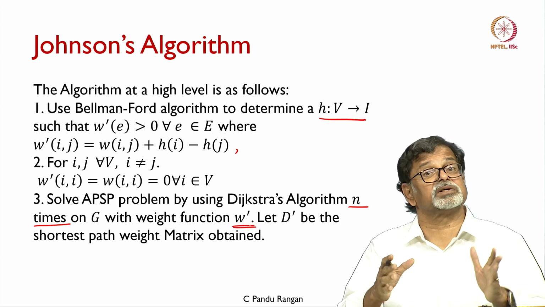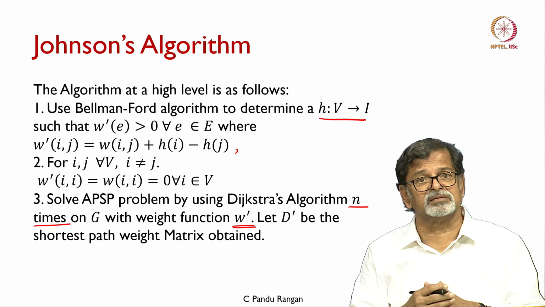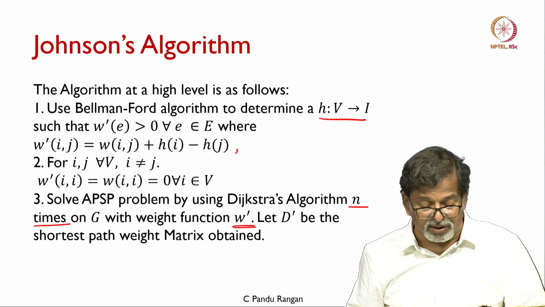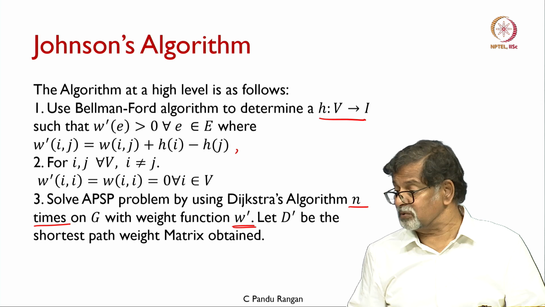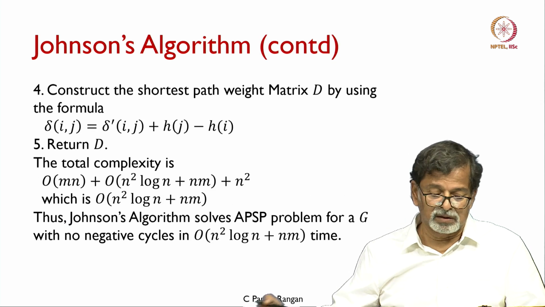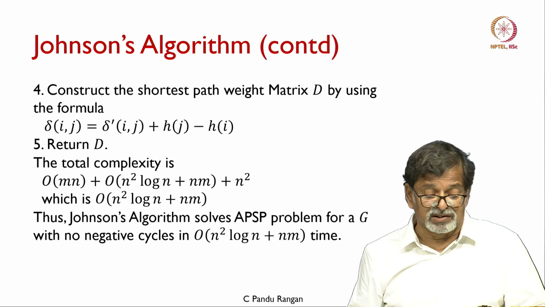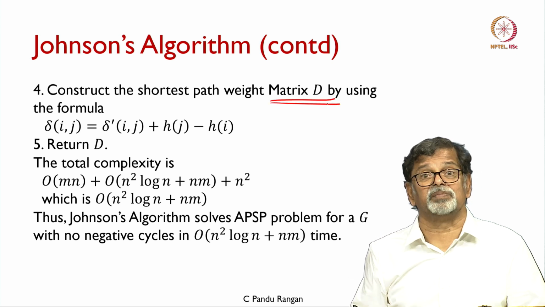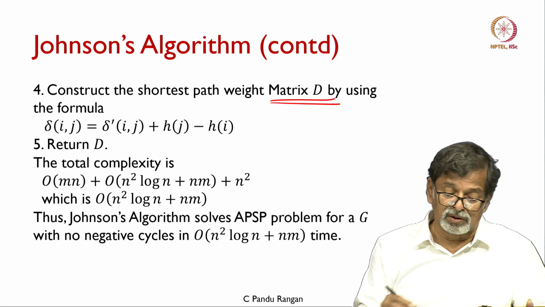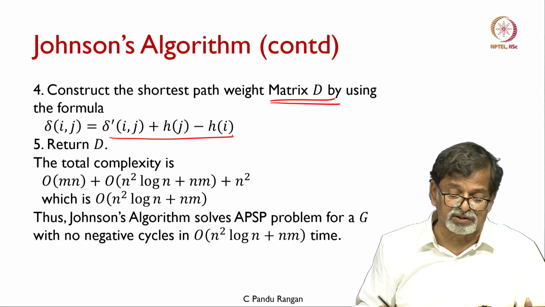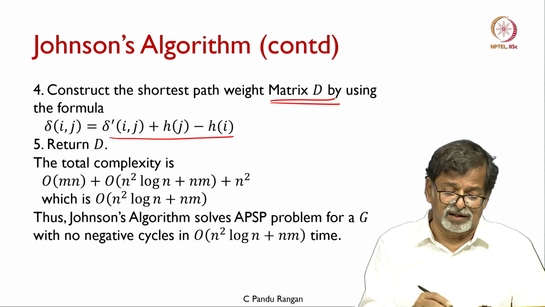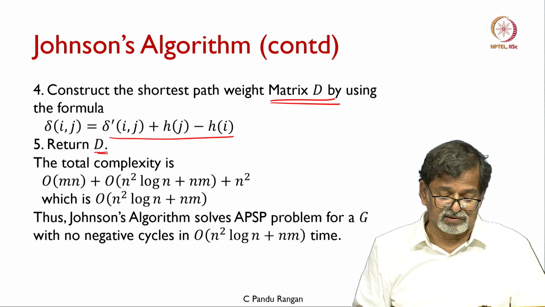Because w dash is positive, you can apply Dijkstra's algorithm. Let D dash be the shortest path weight matrix obtained. Then how do you construct the matrix D? Matrix D is the shortest path weights under w. This is the way to go from w dash to w. We have seen that already, right? And return D.